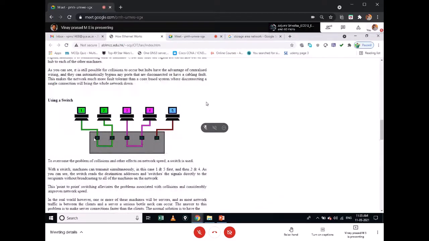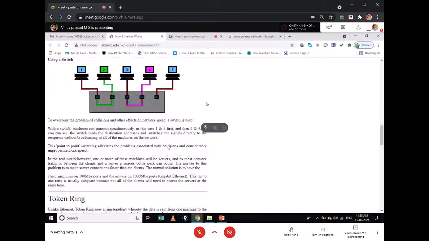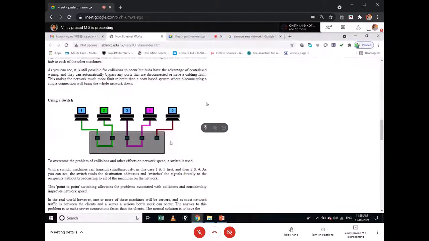If one would send to two, and two would send to five, then it only connects between those two. If three is sending, it will build a temporary connection and send. So there will be no collision at all in a switched network.